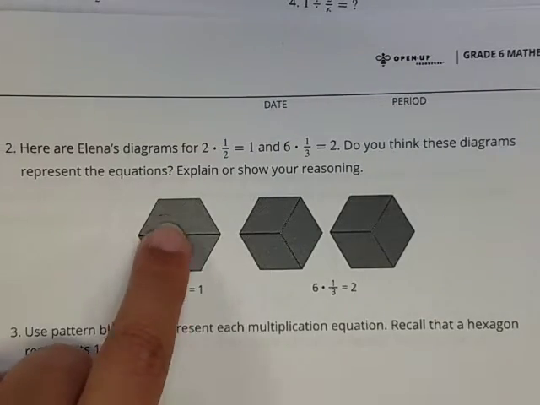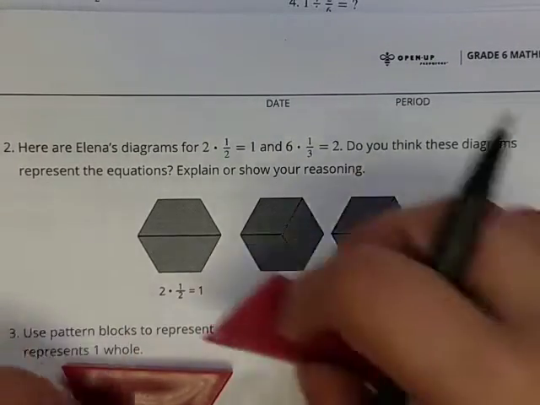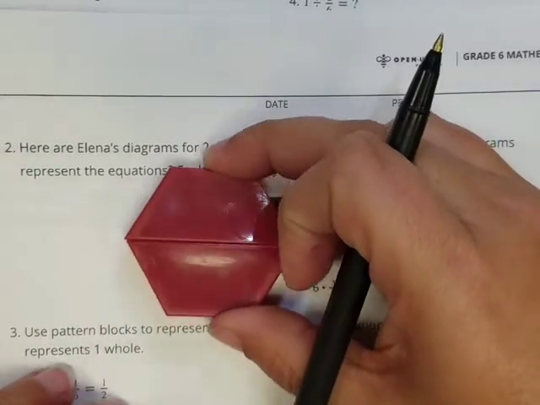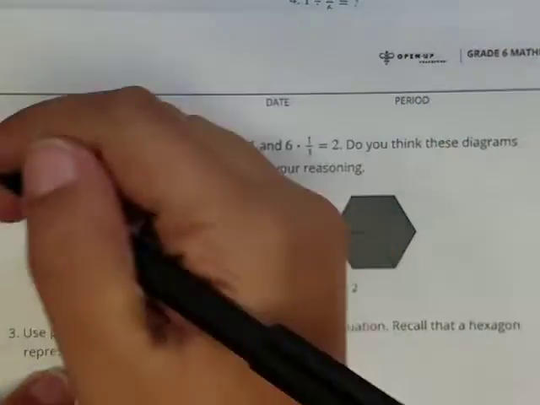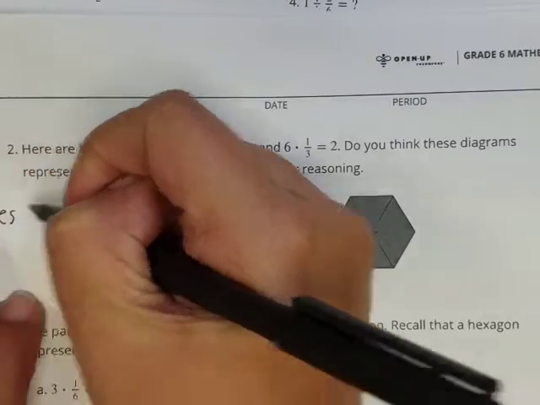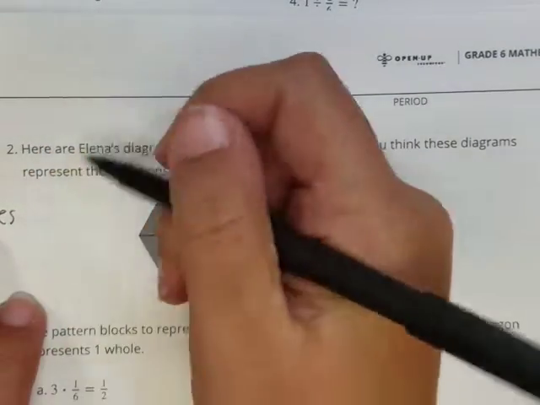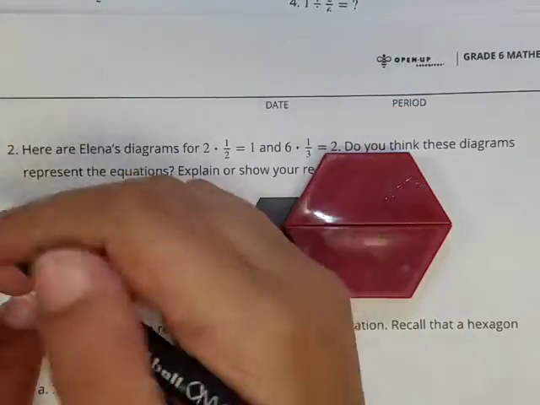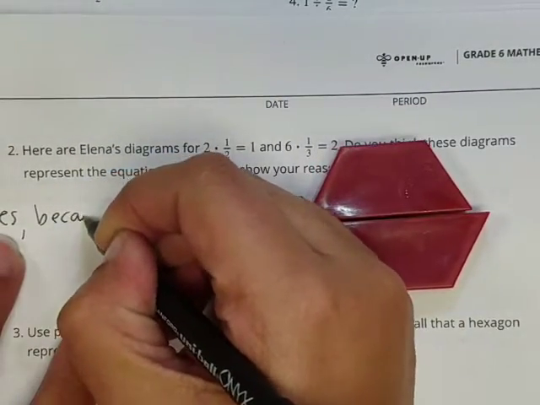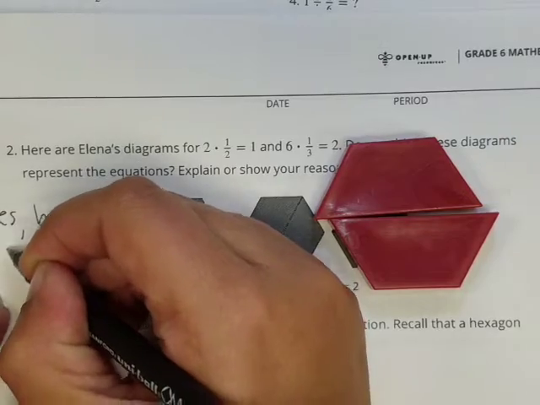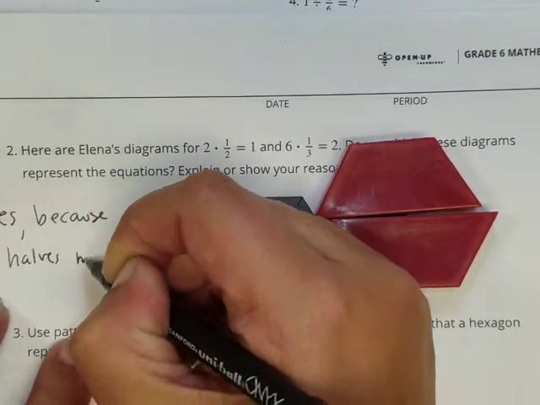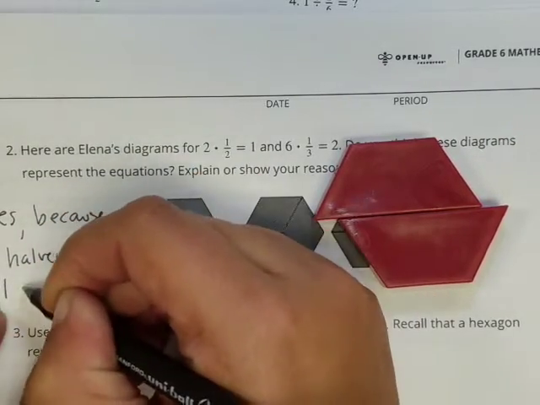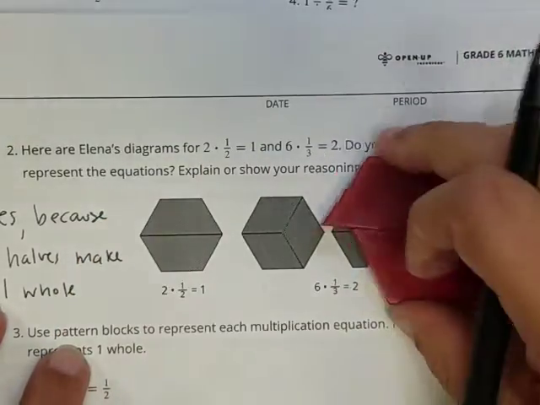So she's saying that 2 times 1/2, so I have 2 groups of halves. Does that give me 1 whole? Yes, it does. And then my reasoning is my picture right here. So yes, because 2 halves make 1 whole.